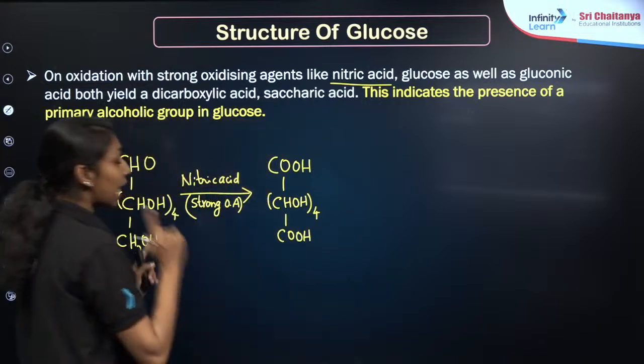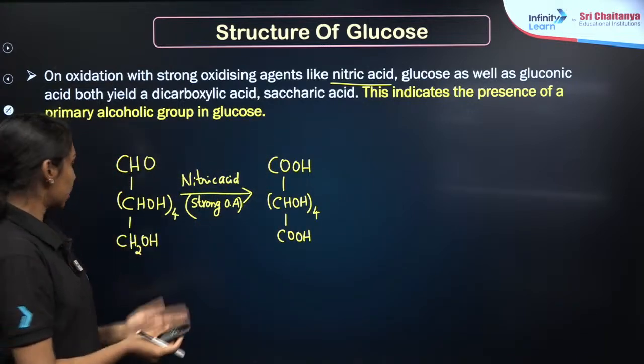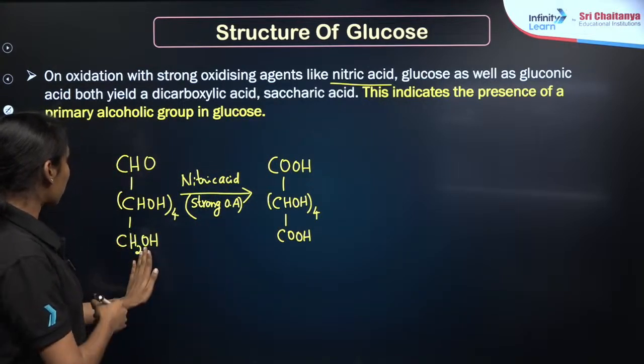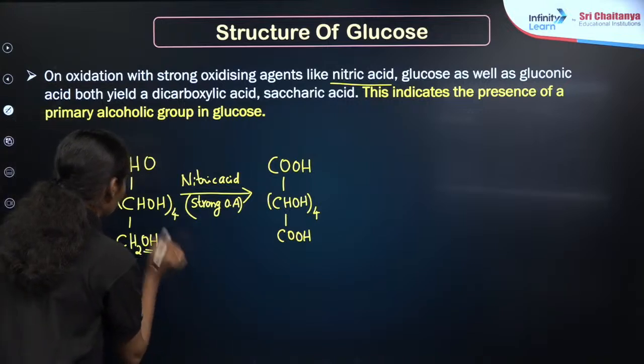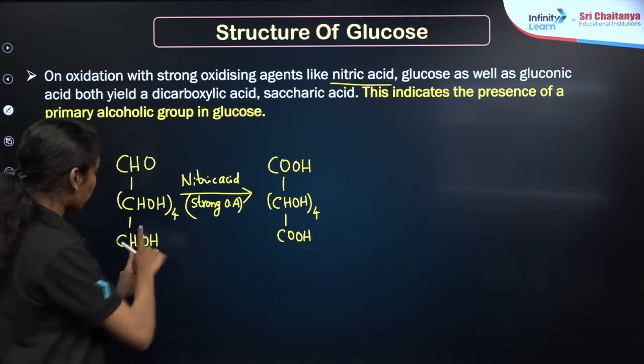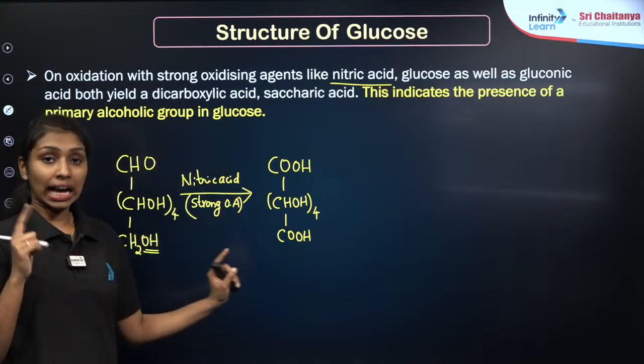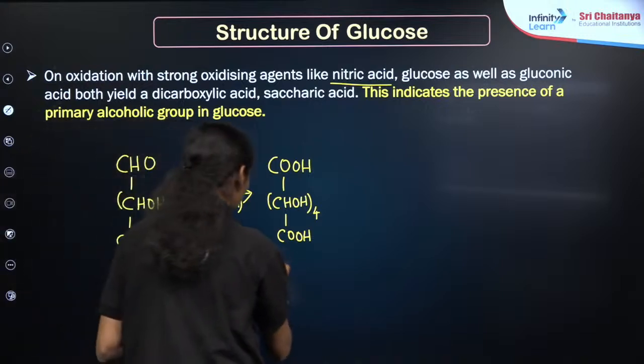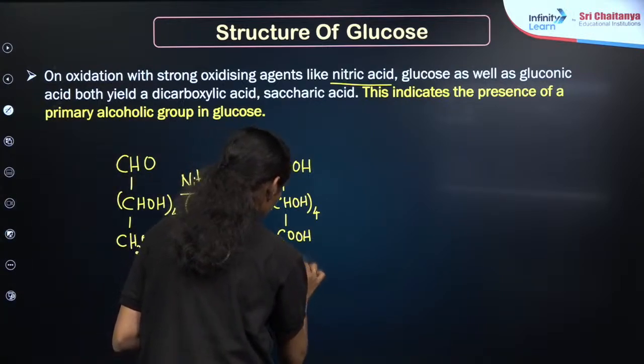Here the nitric acid acts as a strong oxidizing agent. So here the primary hydroxyl group will also oxidize to form an acid group. So this compound is known as saccharic acid.